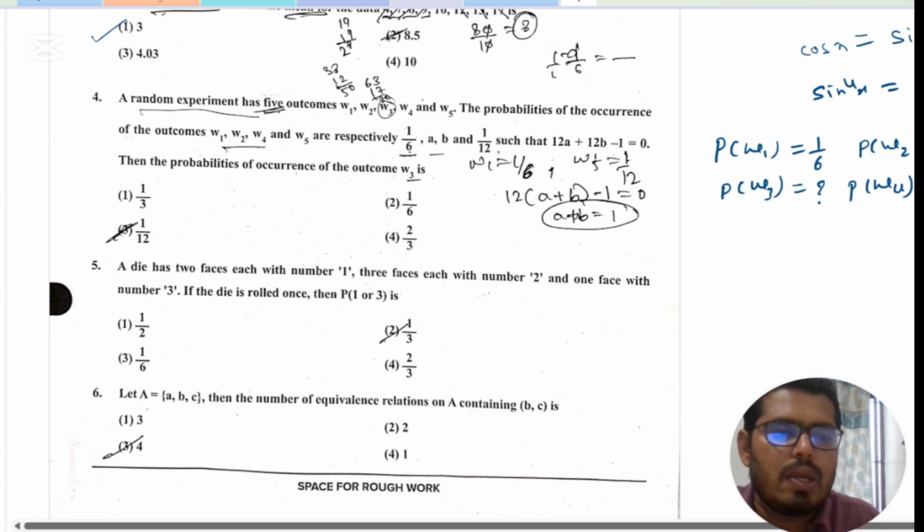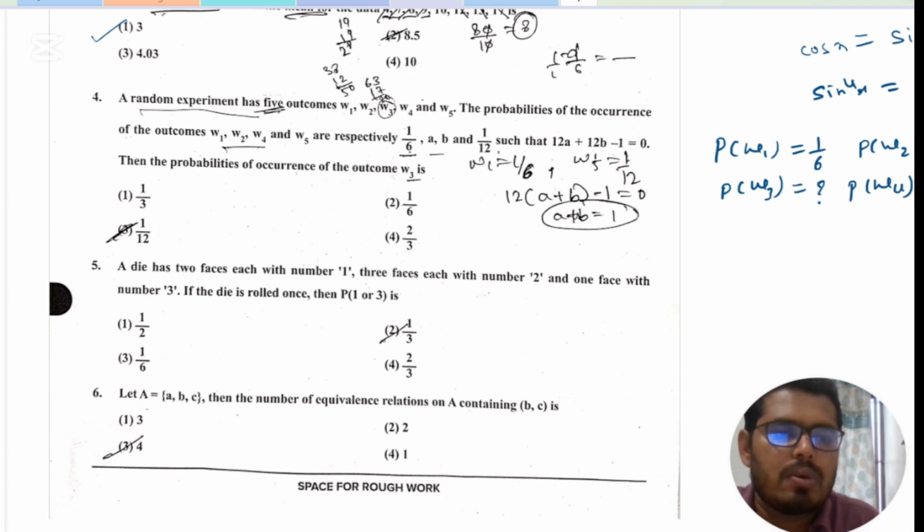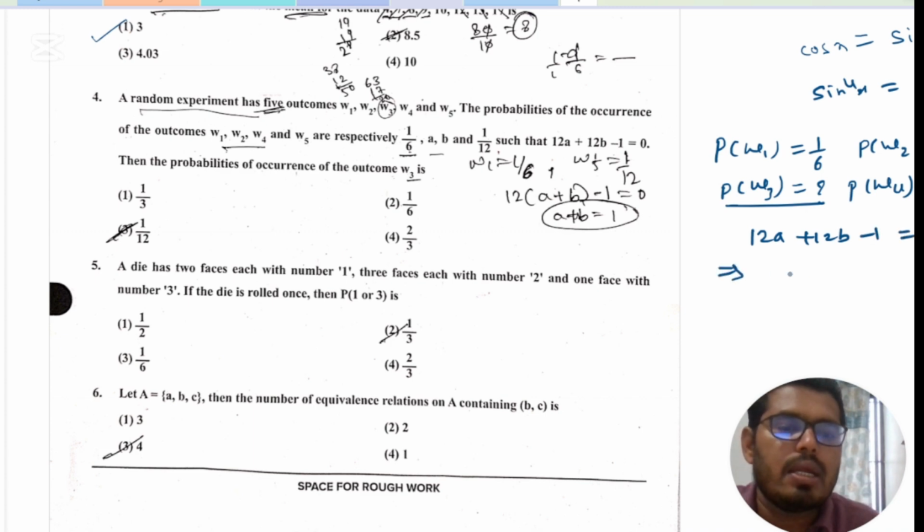Okay, they have given you 1 by 12. Then they asked you P of W3, probability of W3. Okay, then one more condition is given, 12A plus 12B minus 1 is equal to 0. From this we can find that A plus B is equal to 1 by 12.